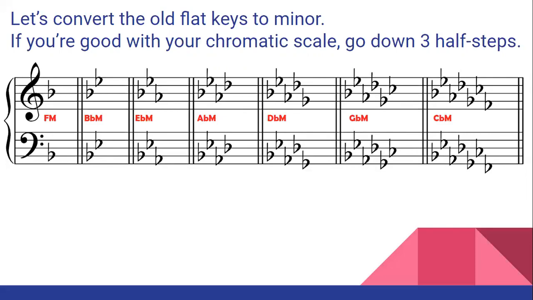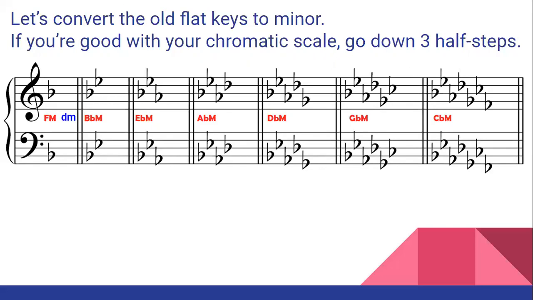Remember that you can always spell out the scale and find out the way that we've already practiced it too. Looking at F major on the left, which has 1 flat, what is 3 half steps down from F? Well, you've got E, E flat, and D. So D minor shares the same key signature as F major.